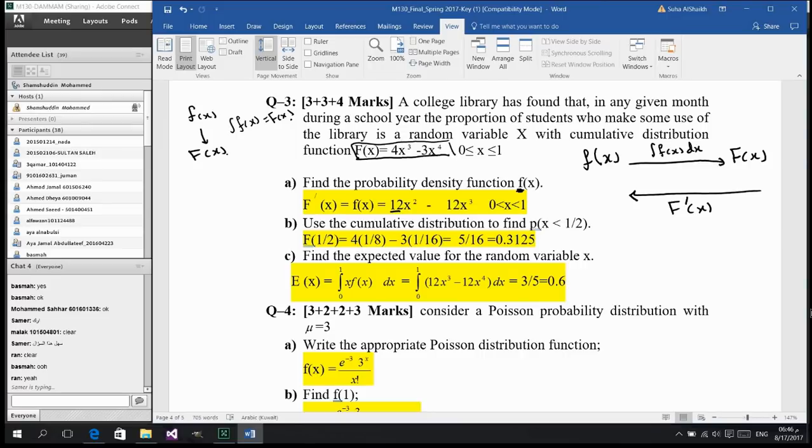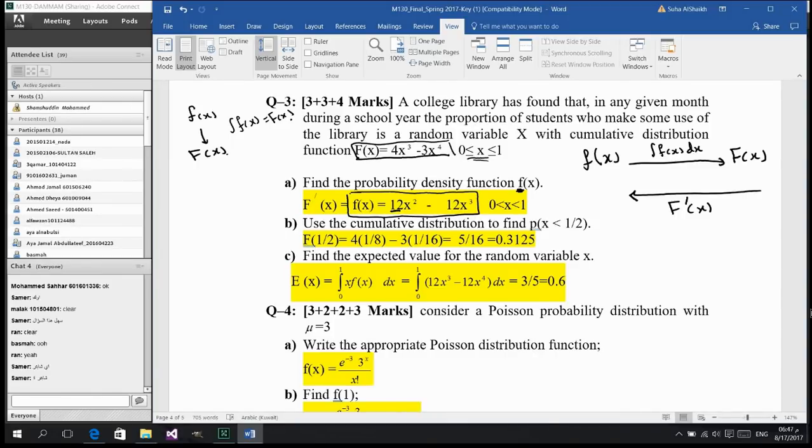So the derivative of minus 3x^4, the 4 goes down, 3 times 4, which is 12 x to the power 3. And my x, as you know, is from 0 to 1. So this is my probability distribution or density function. I think this is chapter 4.